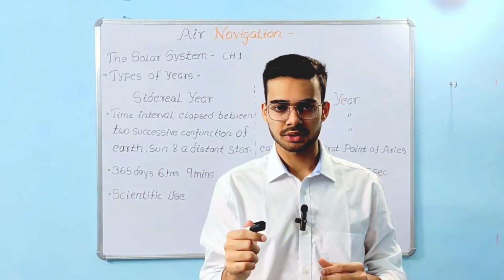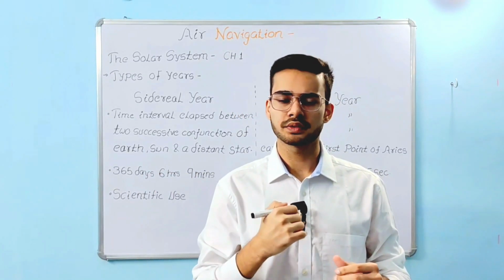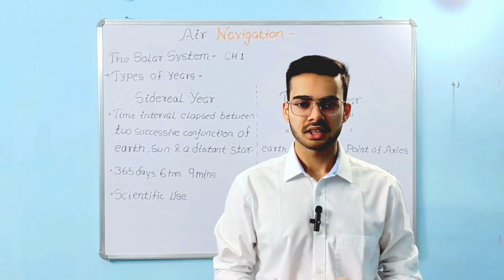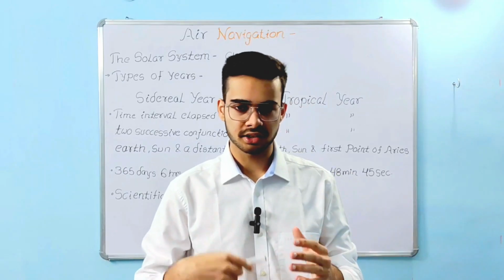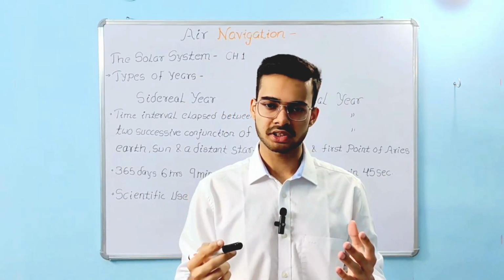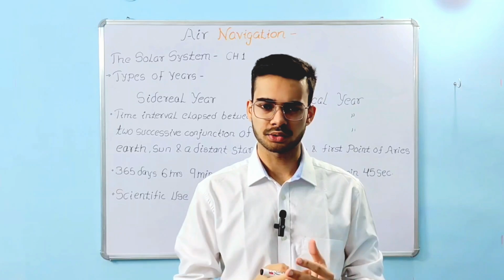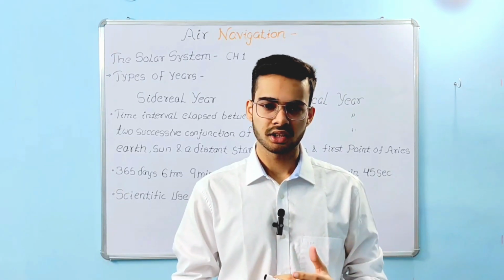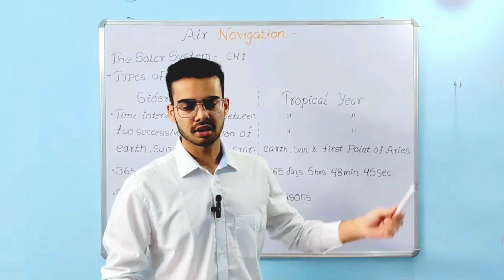So scientists use it in astrophysics, but why don't we use it? Because it does not align with the seasons. If we were using sidereal year continuously, then there would be a time when in December it would be summer season for us Indians. But that's not true. That's not a good thing. It should remain in the season it happens. That's why we use the tropical year.